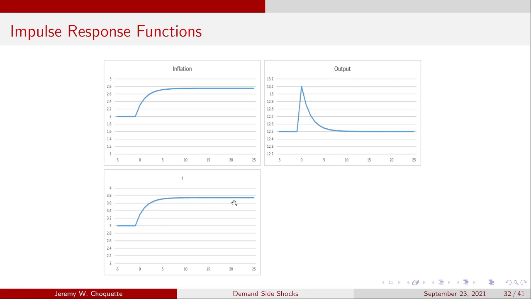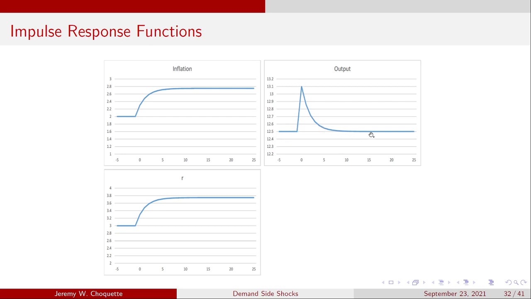Similarly, the real interest rate has stopped moving because you've stopped shifting things around. The real interest rate converges to a new higher resting rate of about 3.7, where initially it was about 3%. Inflation was at 2%, and now it's just shy of 2.8%.